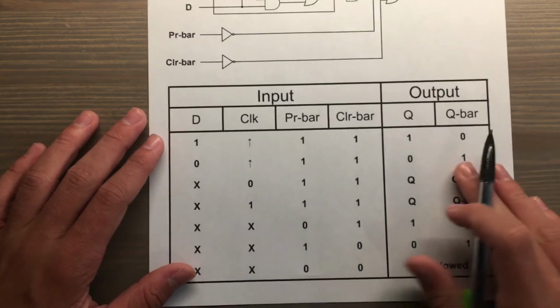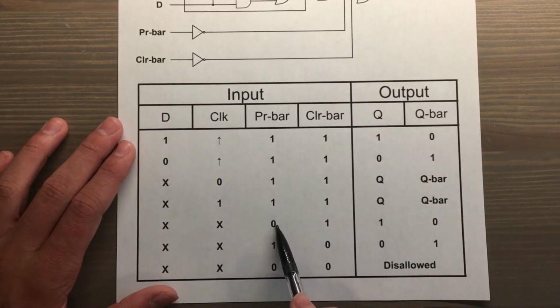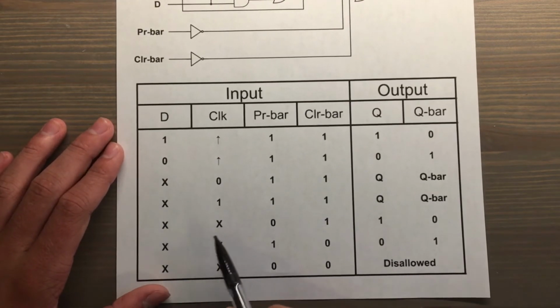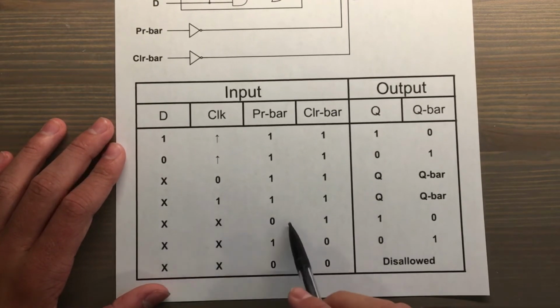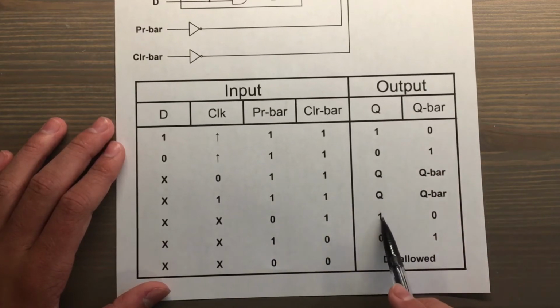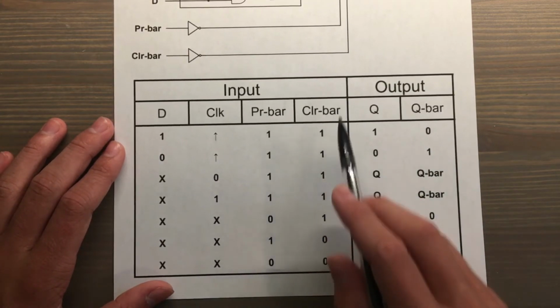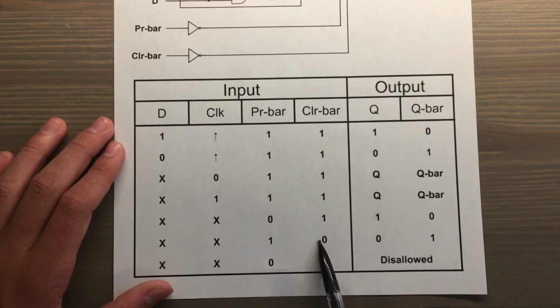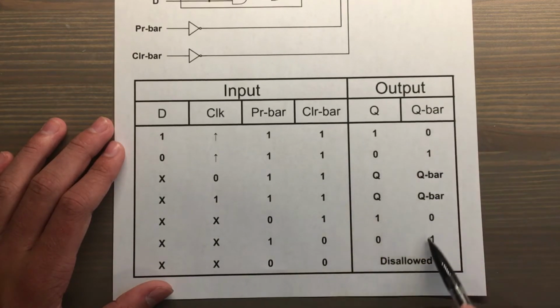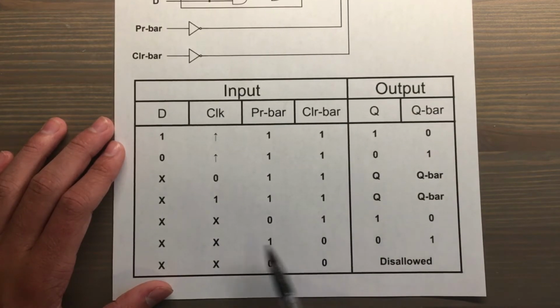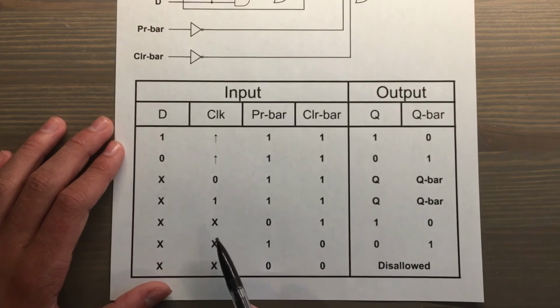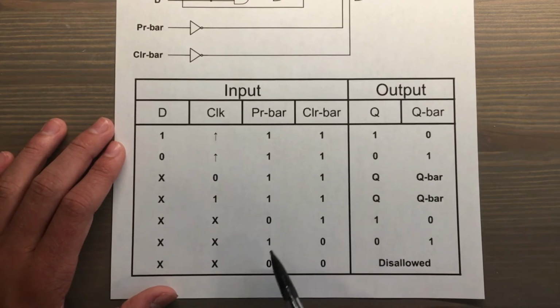But when our preset input goes to 0, regardless of the data and clock inputs, our Q will turn on. And when our clear goes to 0, our Q bar will turn on. And these states will remain even after we turn the preset and clear back to 1.